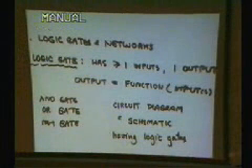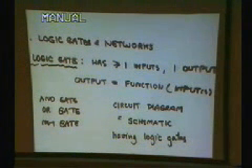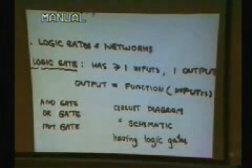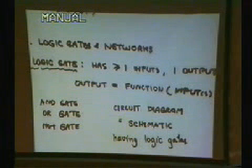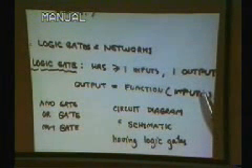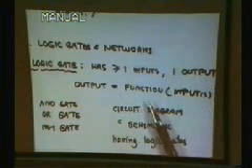Any gate must have at least 1 input. What type of gate has 1 input? NOT gate. Right. Each gate has only 1 output. Only 1. The output is a function of the inputs.